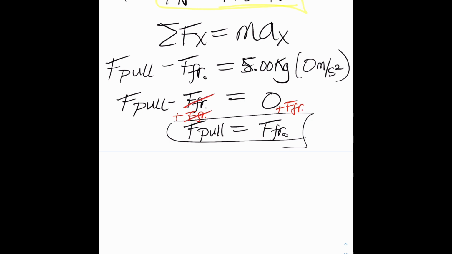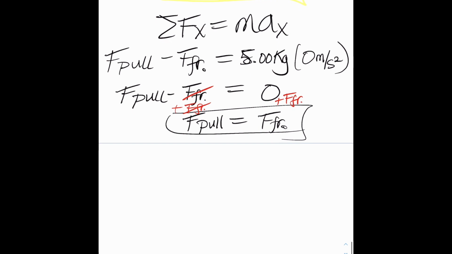And cancel here. What we're seeing there is it could be kinetic and it could be static, right? So what I'm trying to say is actually when it's moving at a constant speed, it's definitely kinetic, and the pulling force is equal to force friction.